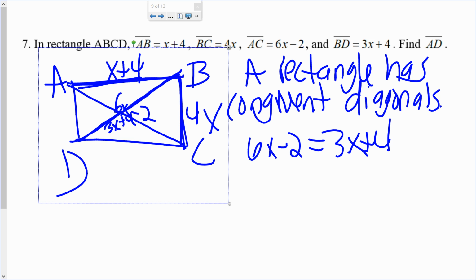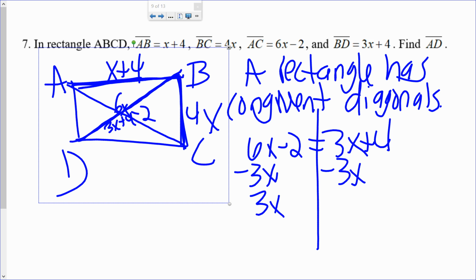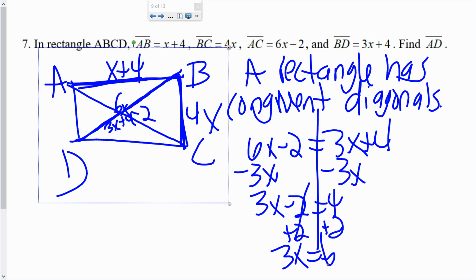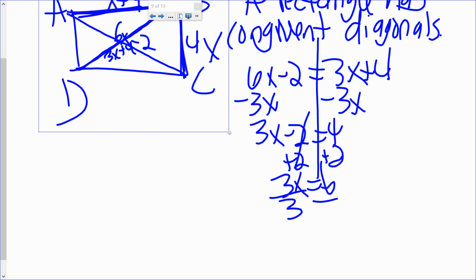This stuff was extra information. There is no property for the rectangle talking about the consecutive sides as far as the lengths go, but I do know that the diagonals are congruent. So those are the ones I'm setting equal to each other. I do the algebra. I get x equals 2.